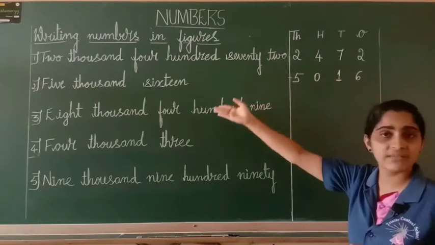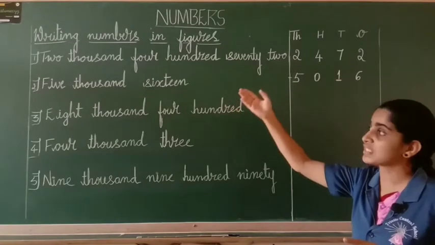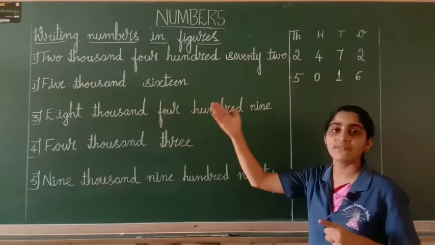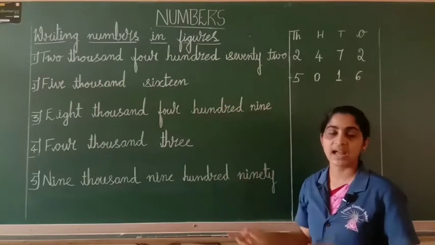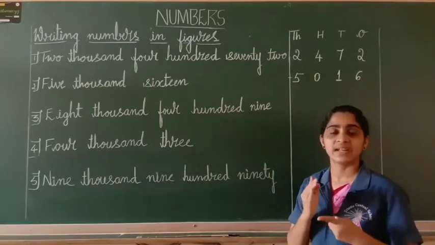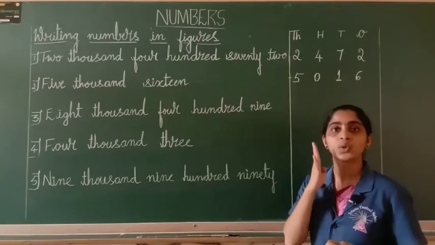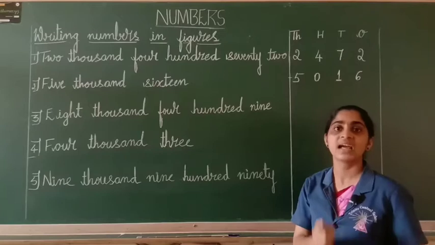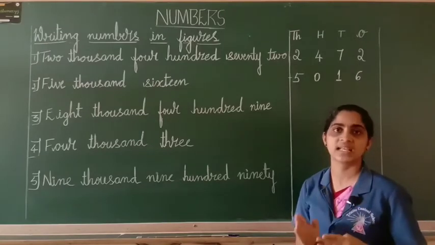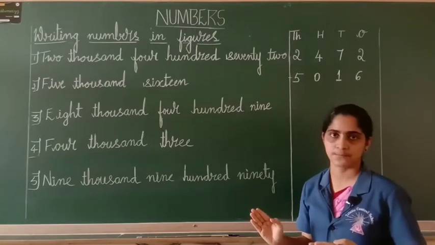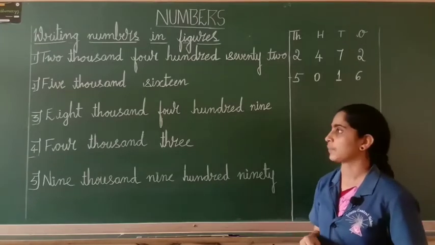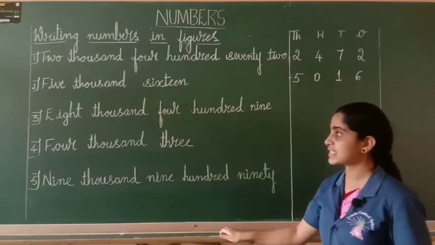That is not the given number because the given number is 5016, and remember that whenever it comes to 1000, there must be 4 digits. That's the reason we must put 0 whenever there are no digits in any of the places. Is it clear? Okay. Let's move to the next example.